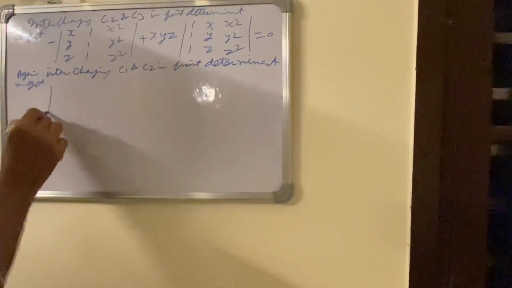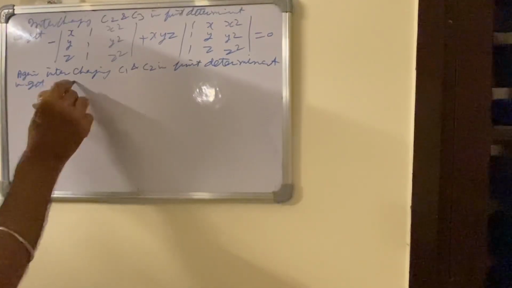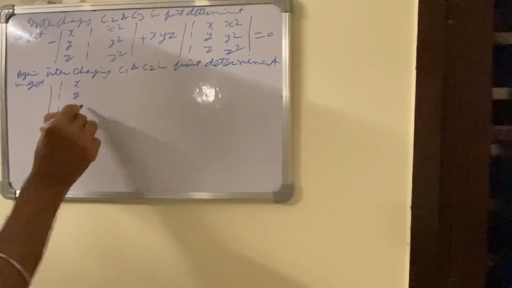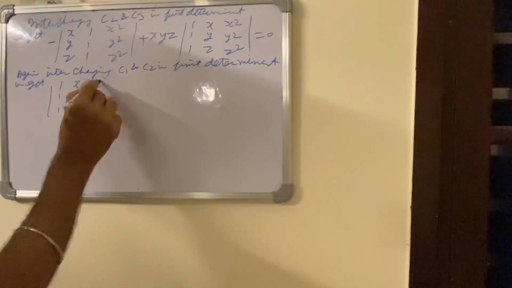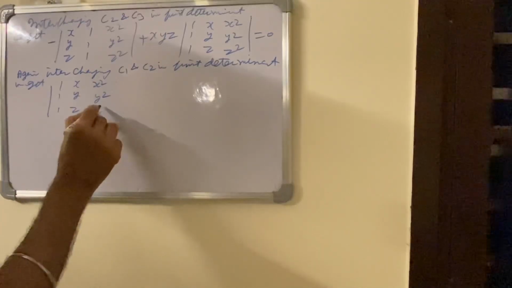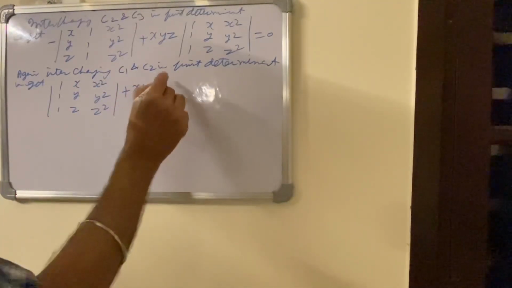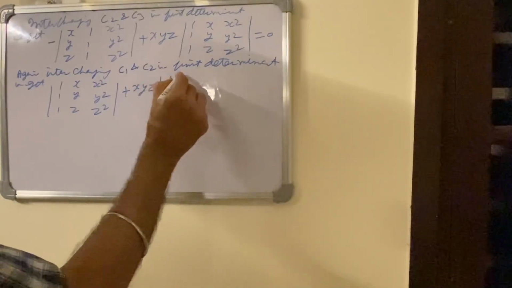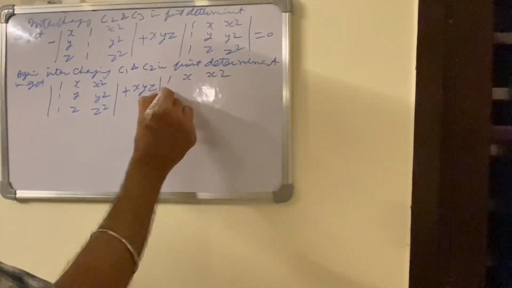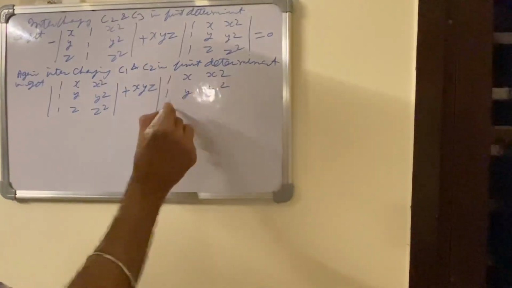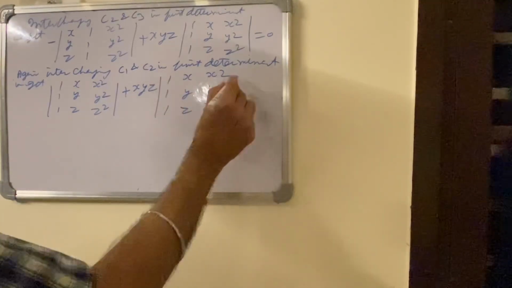So we get determinant 1, 1, 1, second x, y, z, third column x square, y square, z square, plus x, y, z into the determinant with first row 1, x, x square, 1, y, y square, 1, z, z square.